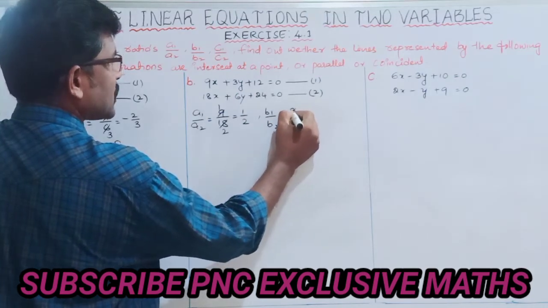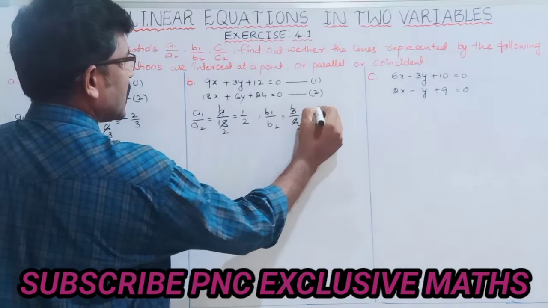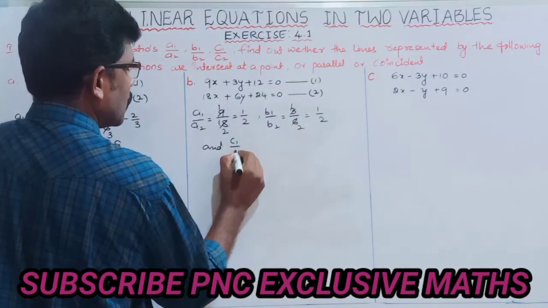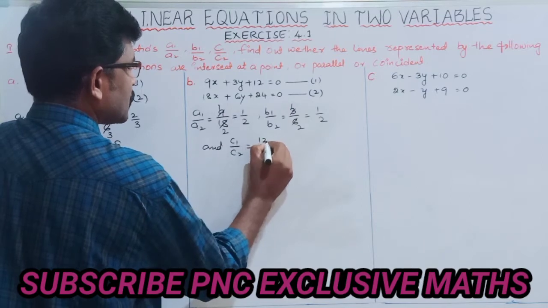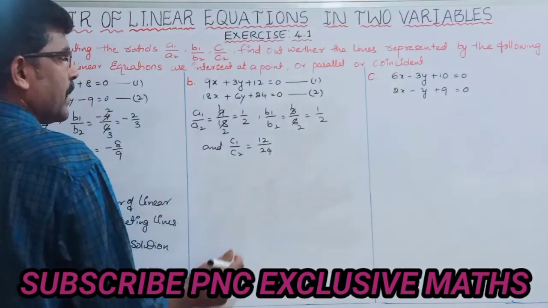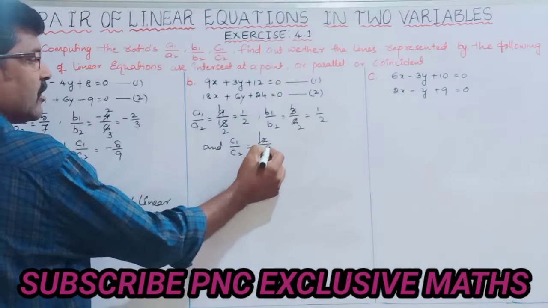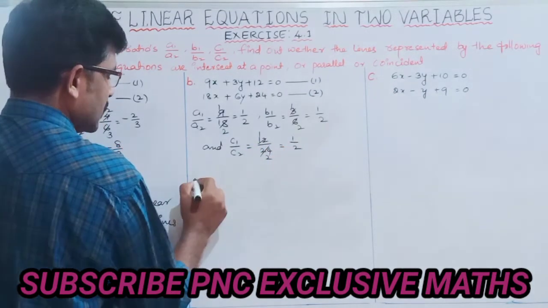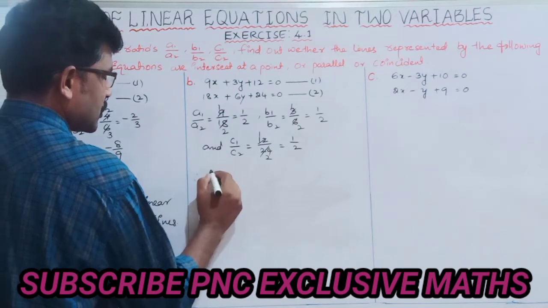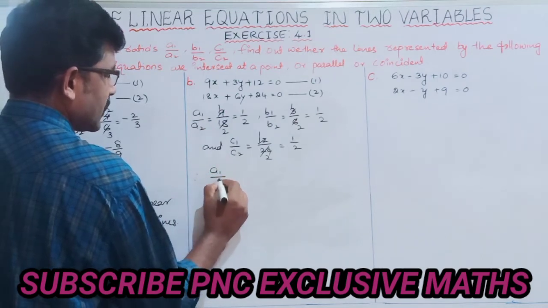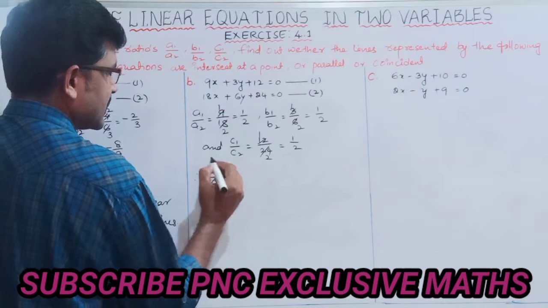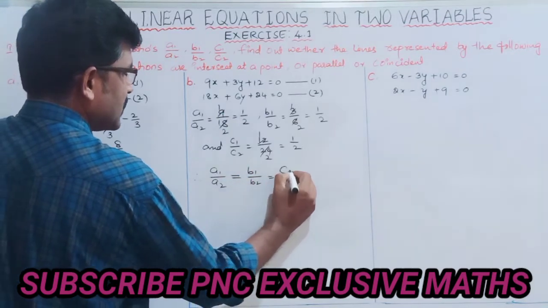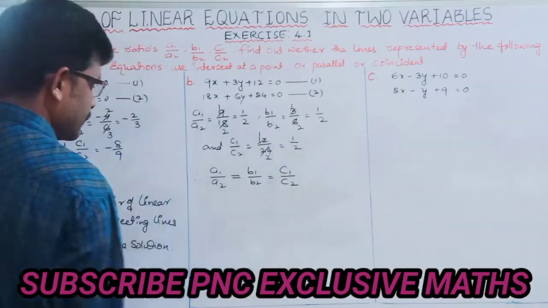By simplification, 3 ones are 3, 3 twos are 6, 1 by 2. And C1 by C2 is equals to 12 by 24. By simplification, 12 ones are 12, 12 twos are 24, 1 by 2. Therefore, comparing ratios become A1 by A2 is equals to B1 by B2 is equals to C1 by C2.